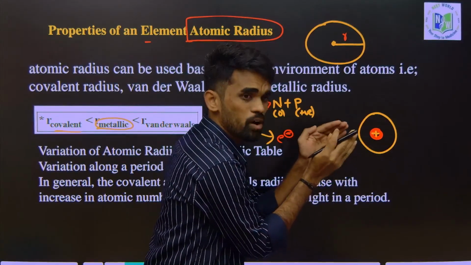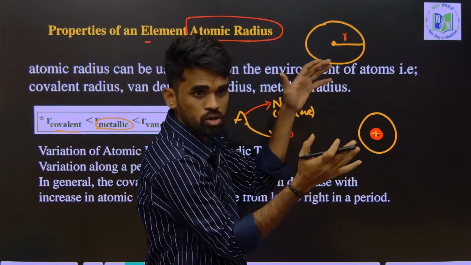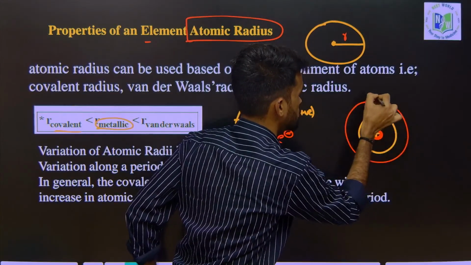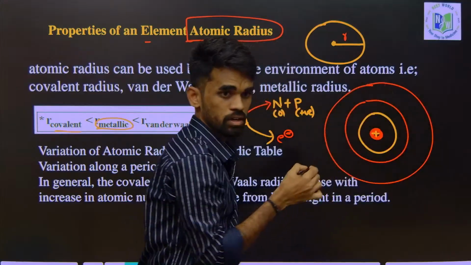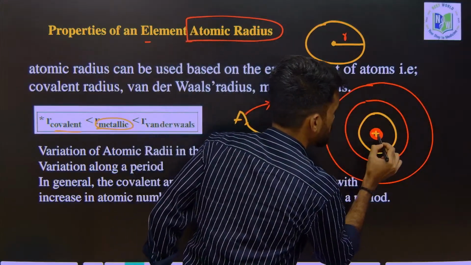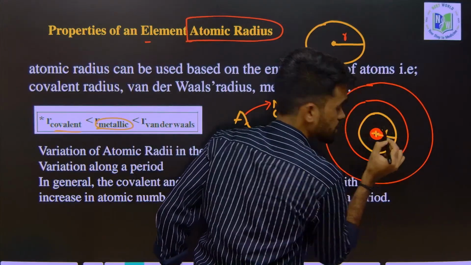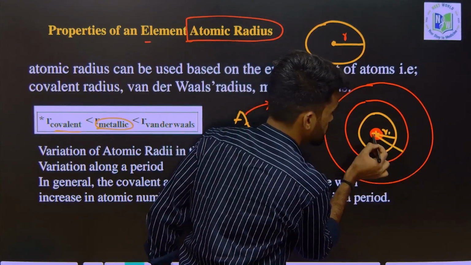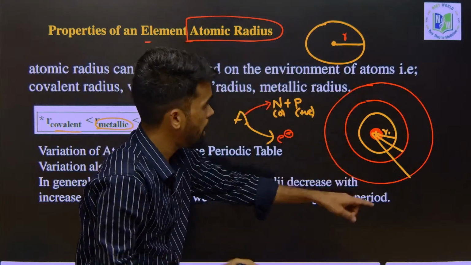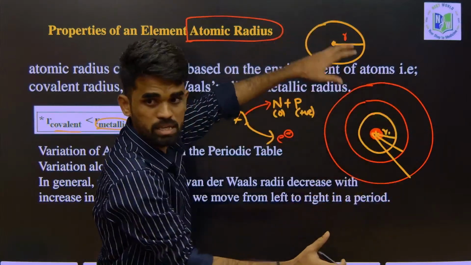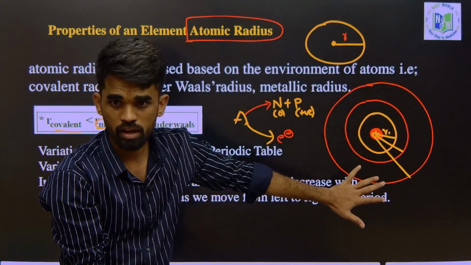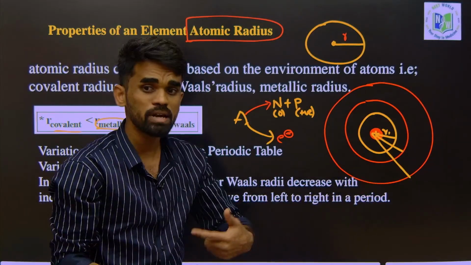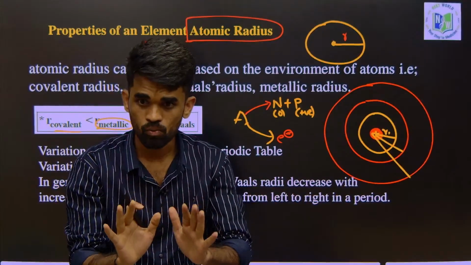So some of them have less electron density, some of them have more. So it means electron cloud may be this much, or it can be this much, or it can be bigger also. So now if I compare the distance from here to here, this is R1, let us say, this is R2, this is R3. As we move away, this electron cloud is expanding, means radius is also bigger, increasing. So now as number of electrons increases, what you are feeling generally?